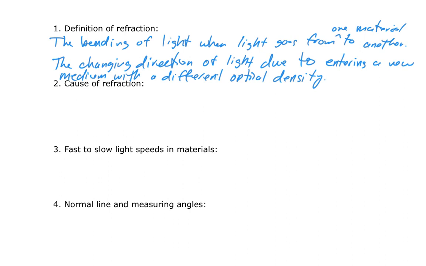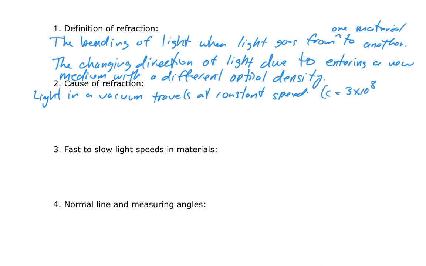So let's get some of that into our notes. Okay, so light in a vacuum has a constant speed. And in case you don't remember, that velocity is 3 times 10 to the 8th meters per second.